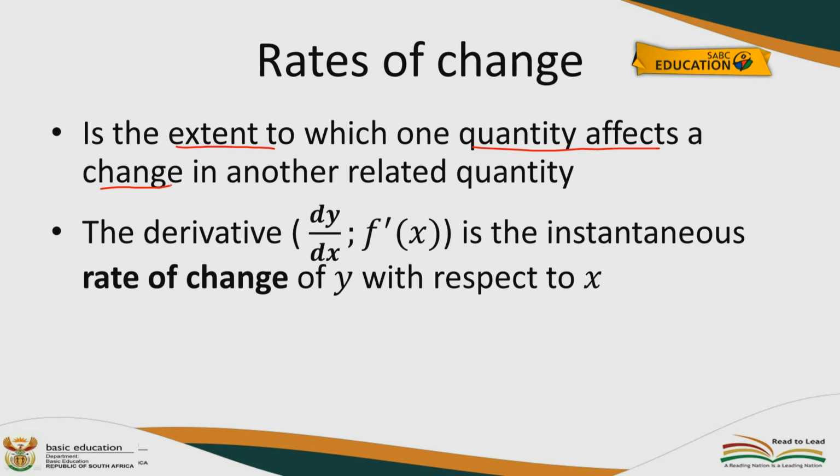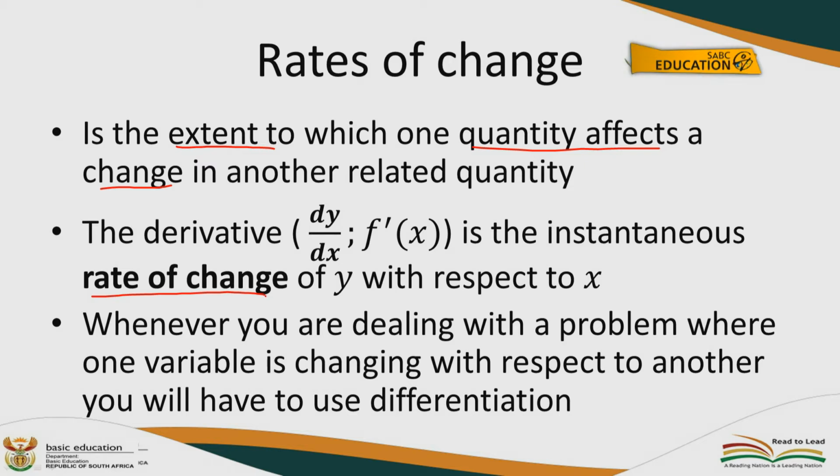Now, the derivative, which is dy/dx, or f prime of x, or any other form of writing the derivative, is the instantaneous rate of change of y with respect to x. So we are basically saying that the derivative can be interpreted as the rate of change.